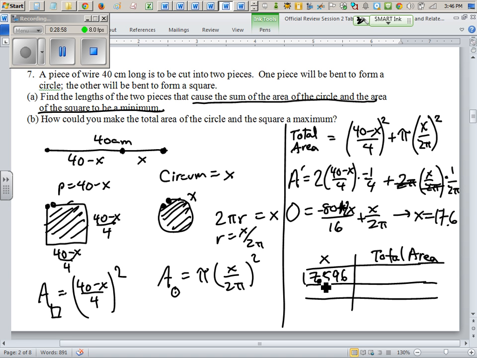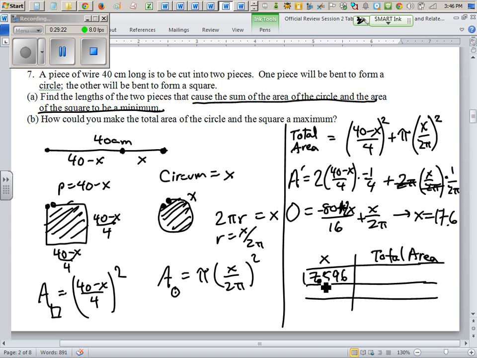Now let's talk about the other meaningful values of x on this problem. Is it possible that maybe the minimum total area could occur if we never cut the string? In other words, what are some meaningful values that x could take on? So x must be a number between what and what? That's endpoint consideration.